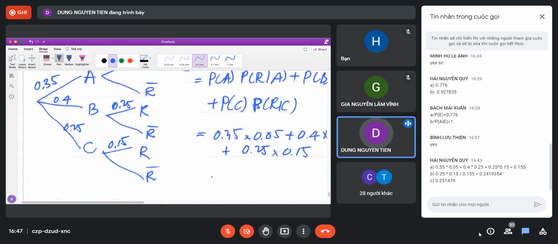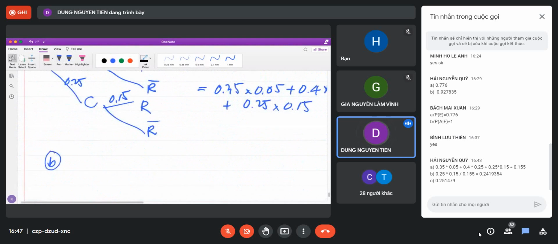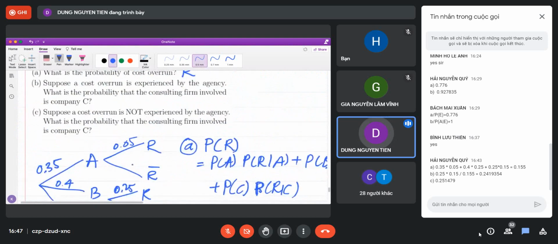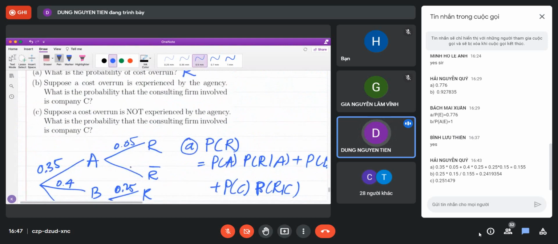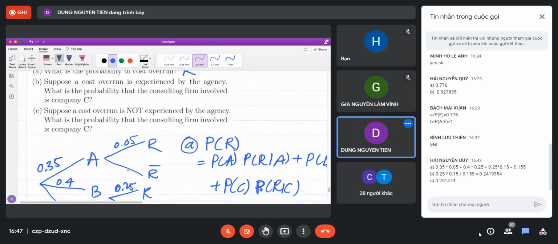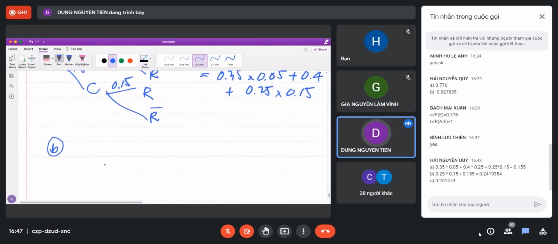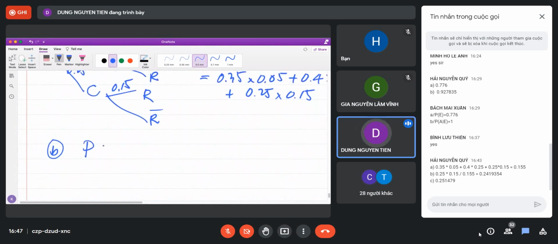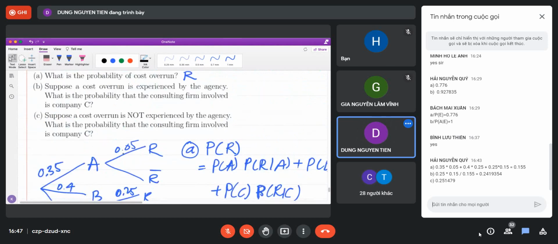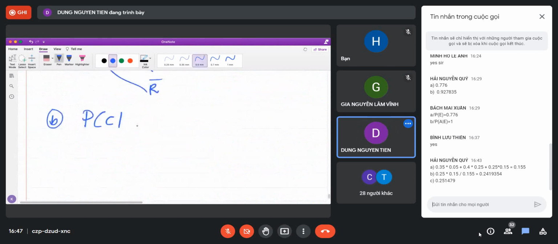Question B. How can we get B? You want to find the probability that the consulting firm involved is company C. The consulting firm is C, so you want to find the probability of C if you observe a cost overrun. So let's say given R. It is natural to think about the Bayes formula.